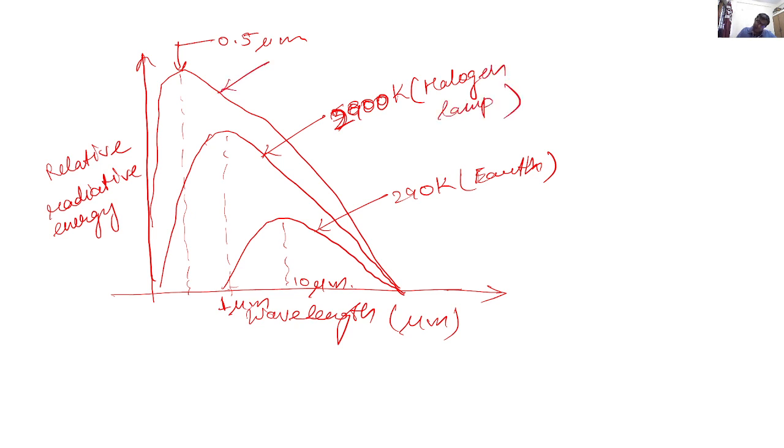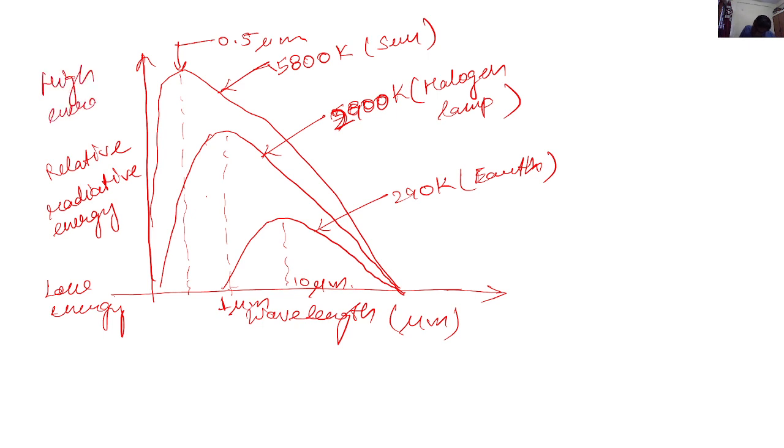And this one, with the shortest wavelength, is that of the sun, which is around 5800 Kelvin. And we know very well that the low energy is here. As we move higher, the energy increases. It's pretty evident.